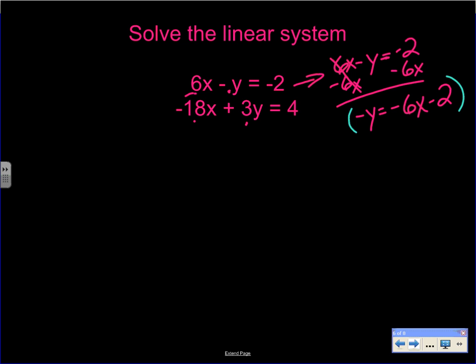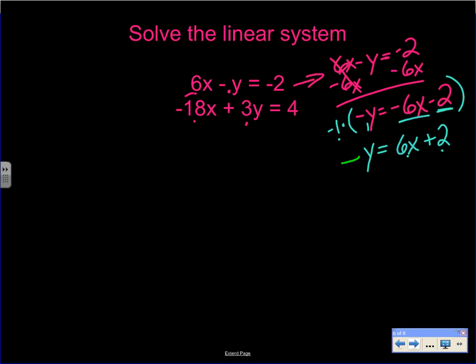You can divide everything by -1, or you can multiply everything by -1. They do the same exact thing. Make sure it's everything. So -1 times -y will give you a positive y. -1 times -6x will give you a positive 6x. And -1 times -2 will give you a positive 2. So now we know what y is equal to.